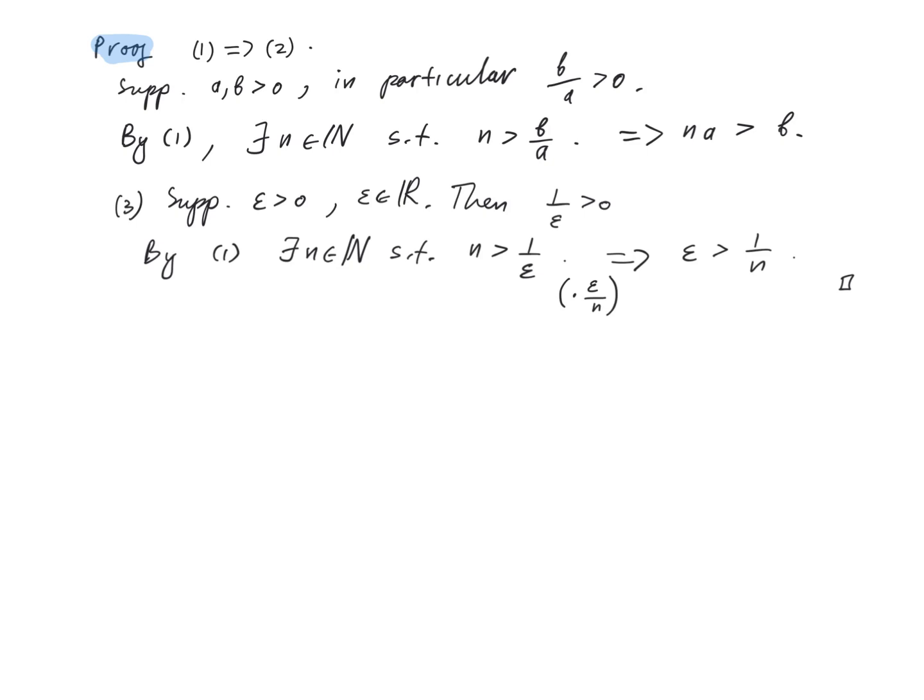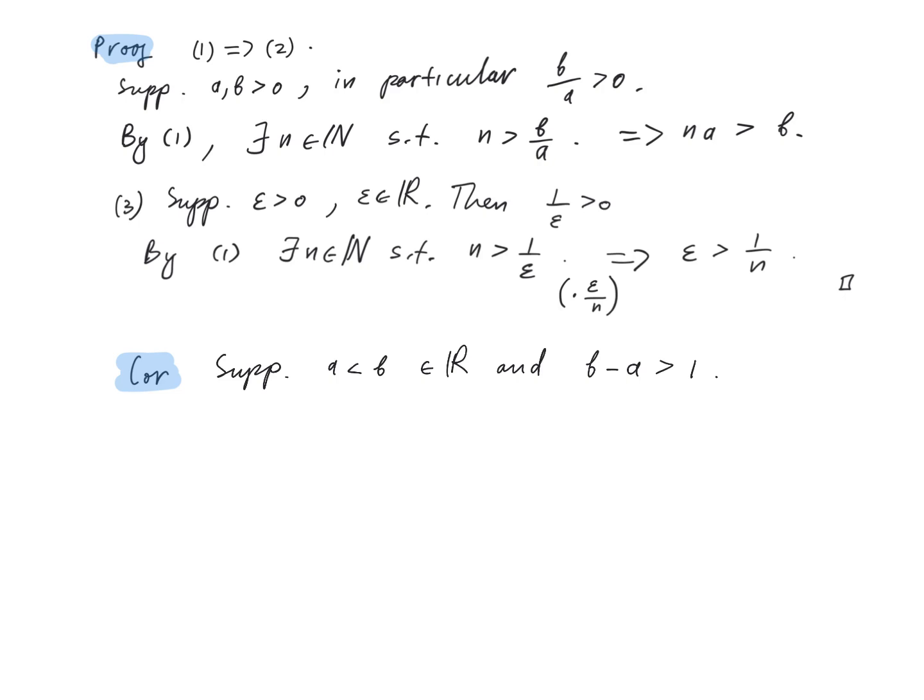The Archimedean property has many useful corollaries. For example, it tells us how to find integers in large gaps between two real numbers. So more precisely, suppose that we have a less than b real numbers and b minus a is greater than 1.